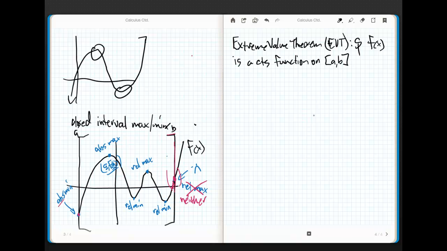All right, continuous function, closed interval. Okay, if it's continuous, think about that. It means you can't lift your pencil.